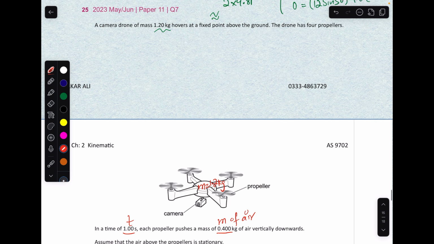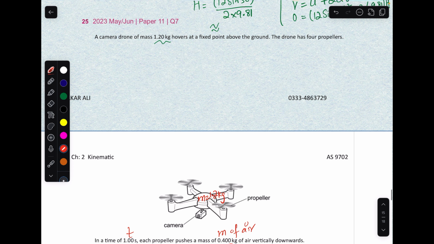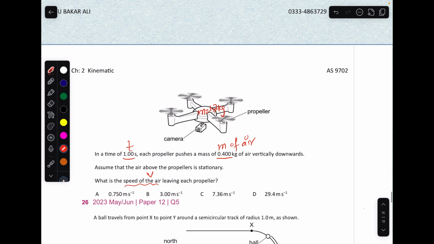Okay, so if you see, this thing is balanced, it is at a fixed point, right? So if it is at a fixed point, what can we say about this? There are two forces: one is the weight, and one is the propelling force, because of the air, that is acting upward.